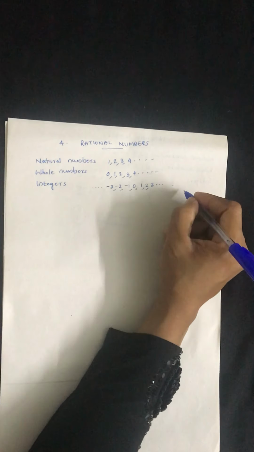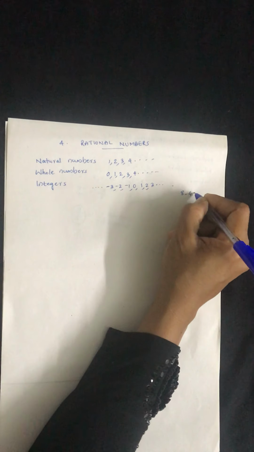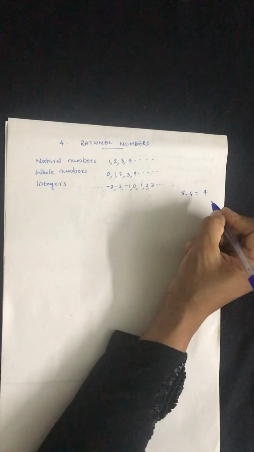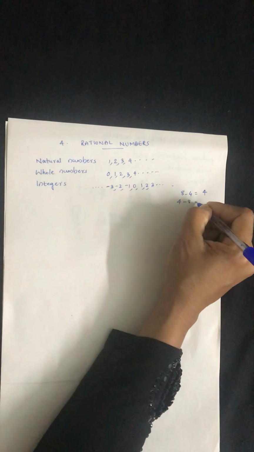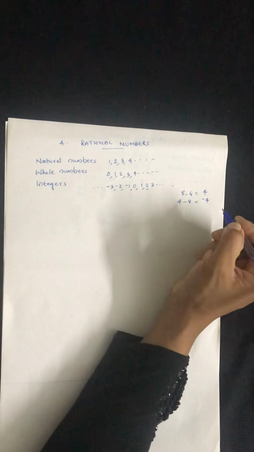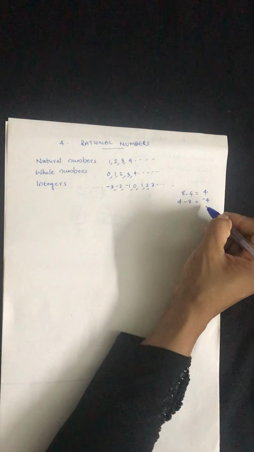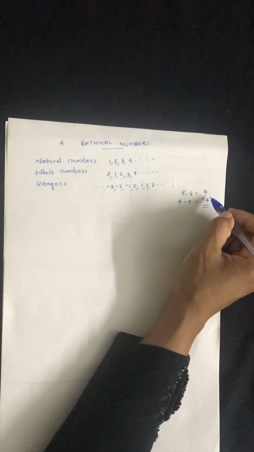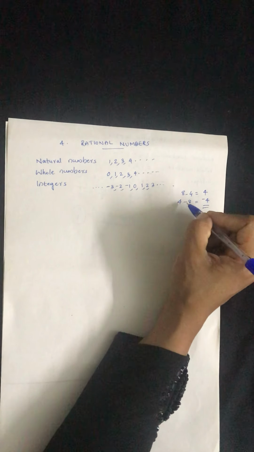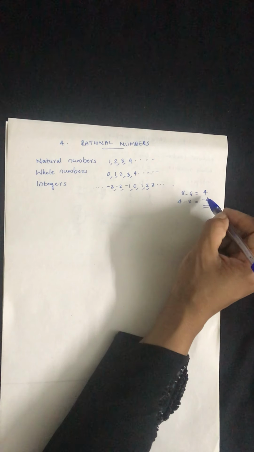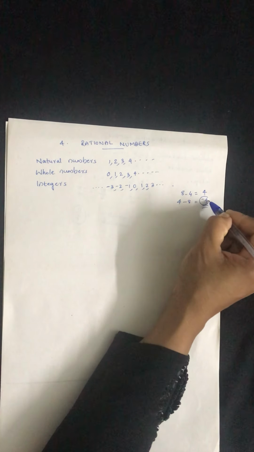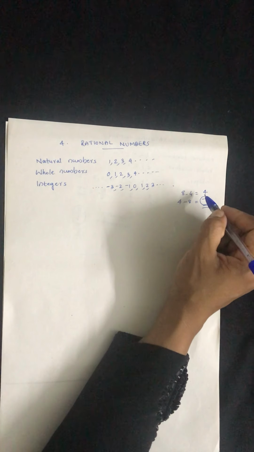That means if 8 minus 4, we will get 4 itself. If we subtract 4 minus 8, what did we get? Minus 4. So subtraction of whole numbers leads to integers. Sometimes we will get negative numbers also.